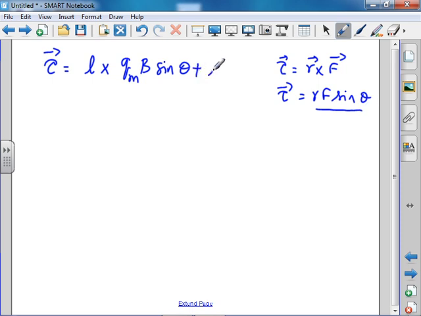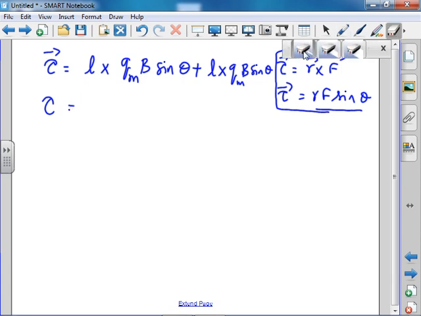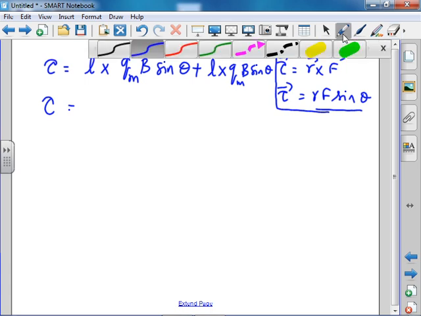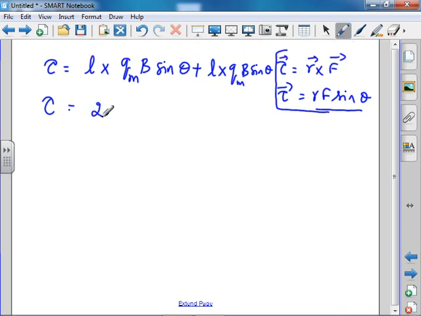Plus L into QMB sin theta. Now what is torque? Tau, here you need not write in vector form. So tau is equal to, add these two, we will get 2L into QMB sin theta.